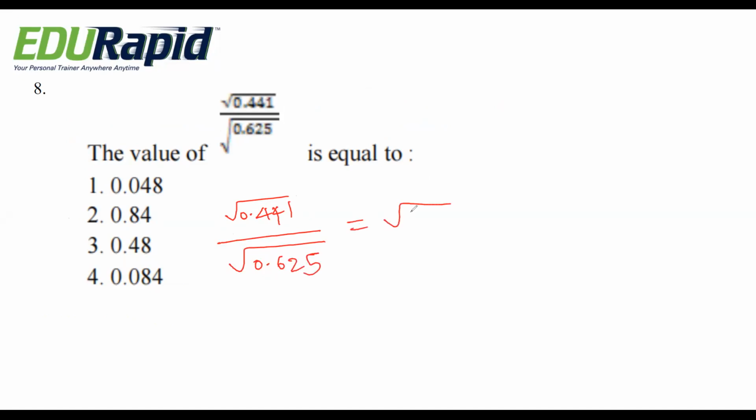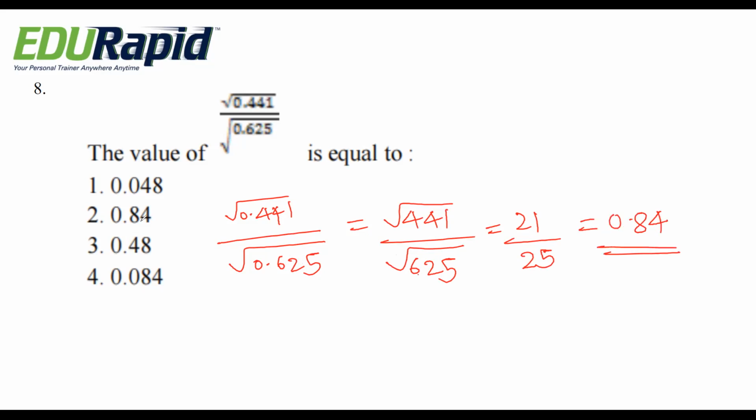If you are a smart student, just remove the points. Directly you can take 441 and 625, because after the point there are three digits in both numerator and denominator. So square root of 441 is 21, and of 625 is 25. If you divide this, you get 0.84. Option 2, 0.84, is the right answer.